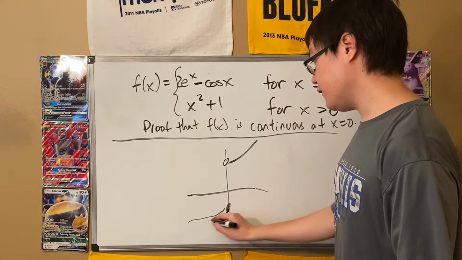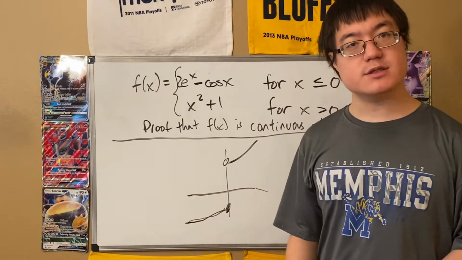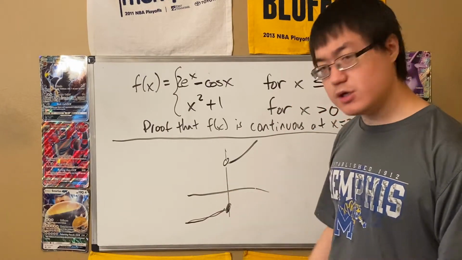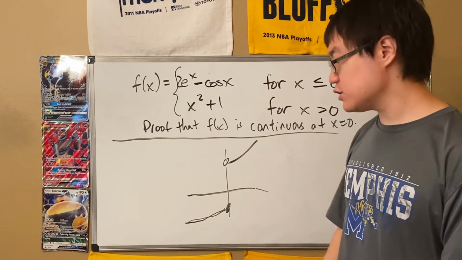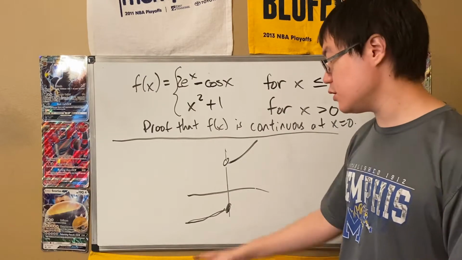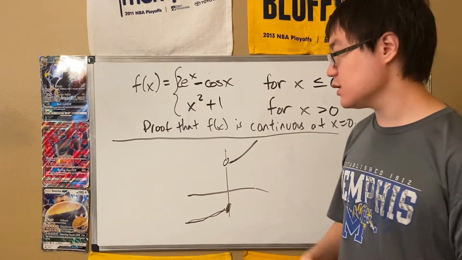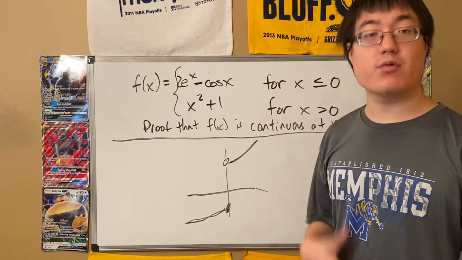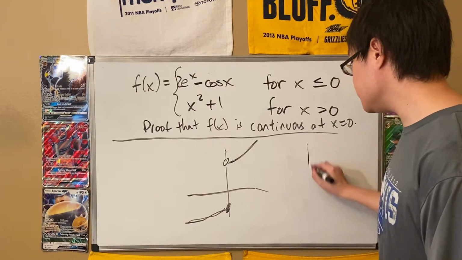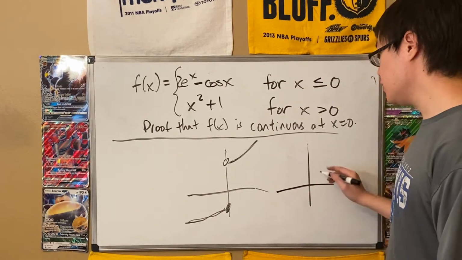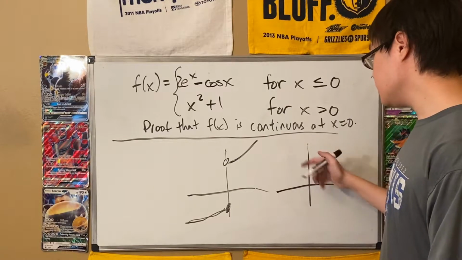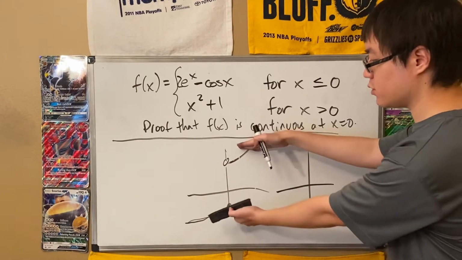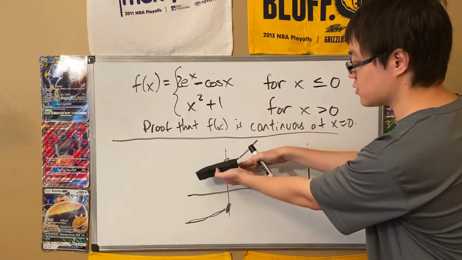If you draw these 2 pieces, because it's a piecewise function, this function is not continuous at x equals 0 because you lift up your pencil when you draw this. But potentially, what we want to prove is that while these are two different pieces, they meet at the same number.